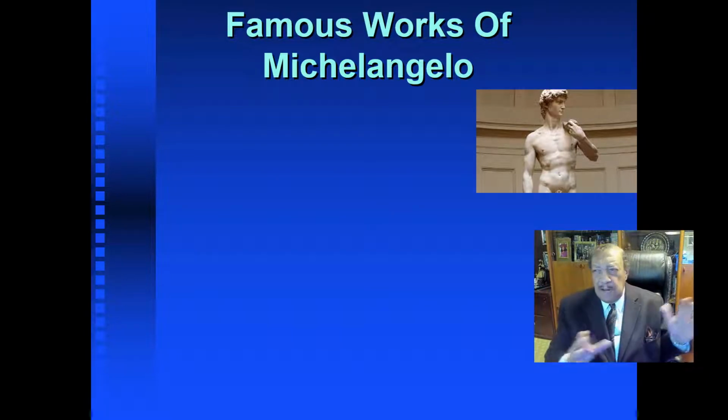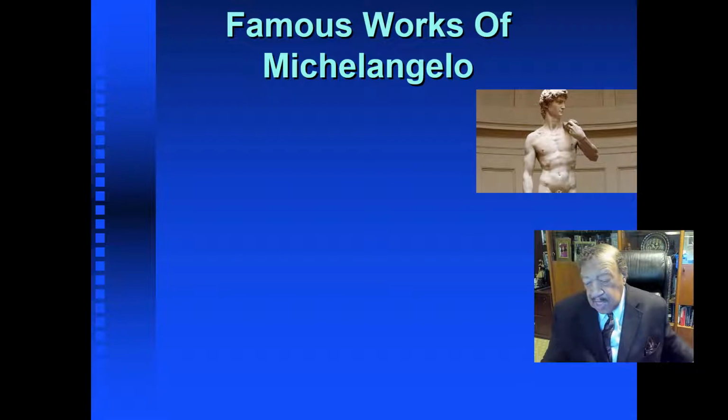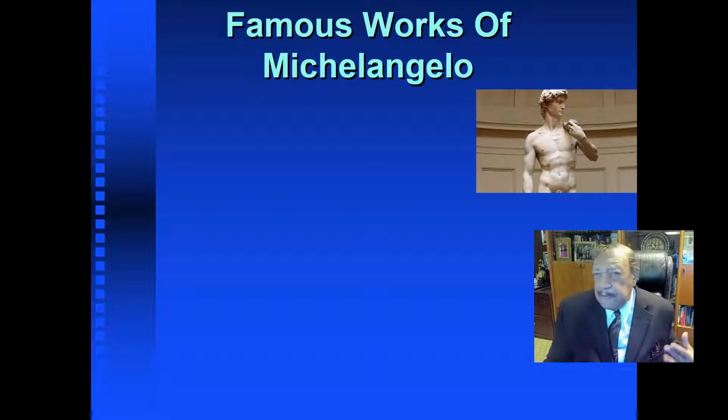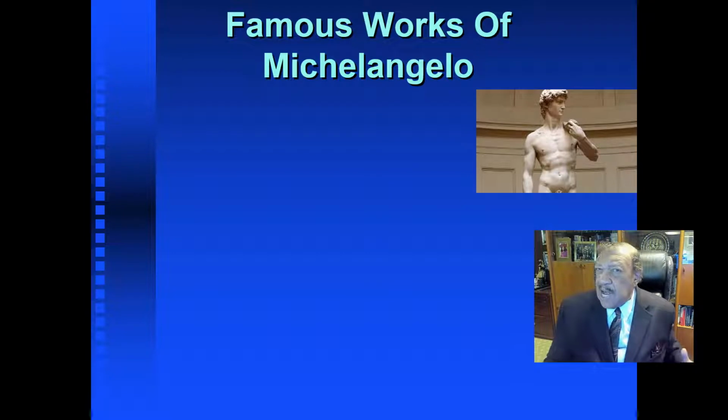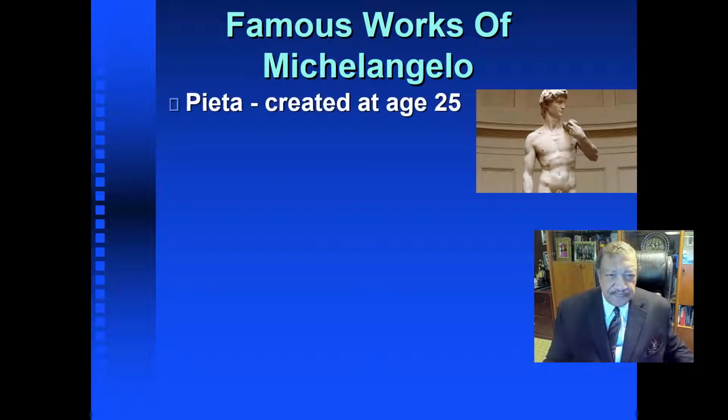Because the church had sole responsibility between the 3rd century and 15th century in teaching Christianity and Bible works. But the people could not read and write. Gutenberg didn't invent the printing press until the 14th century. So they had sculpture and painting to teach religion.